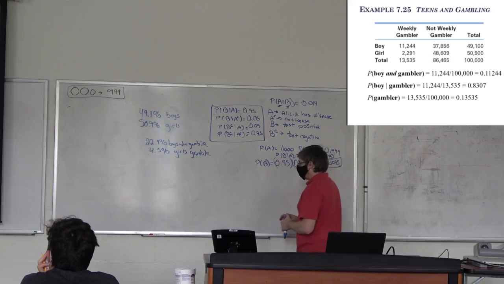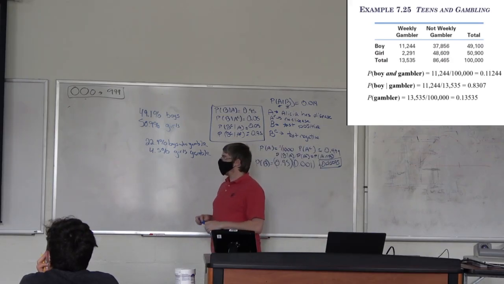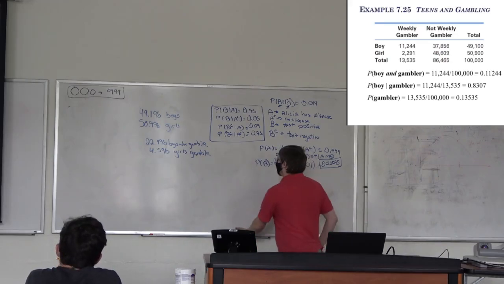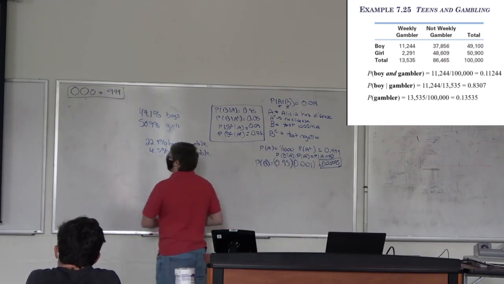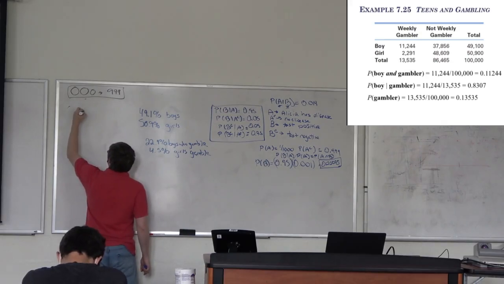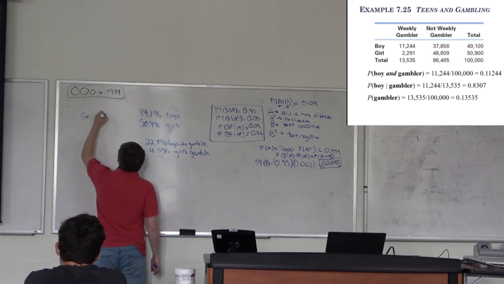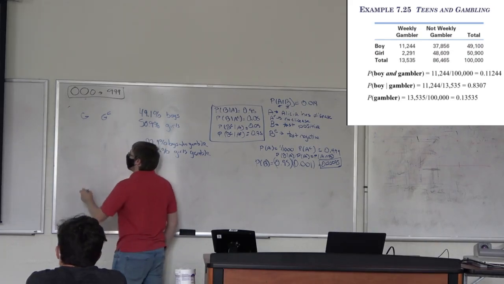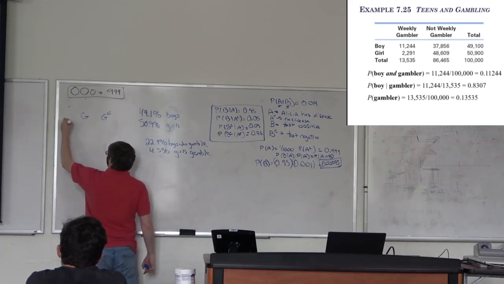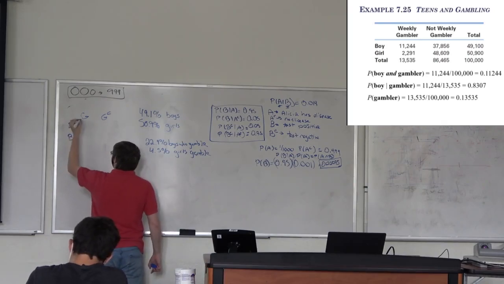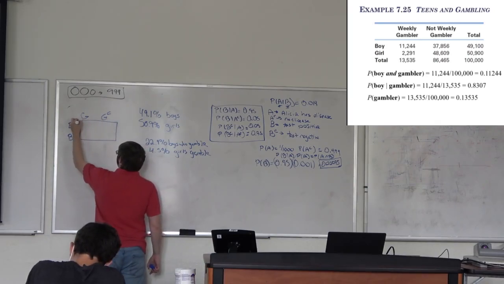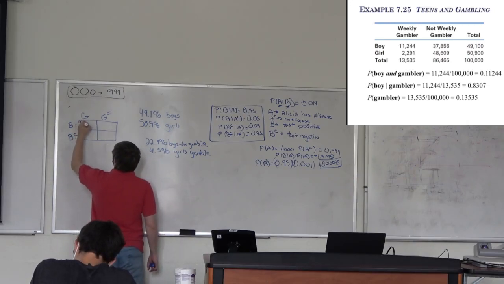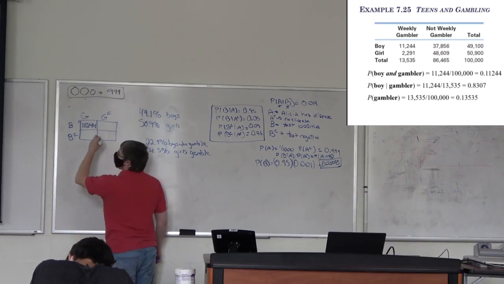And so once we get into a table like this, it's quite easy to calculate probabilities overall, because we can think about it like this. So I'm just going to say G and G complement, because we have gambler and not gambler. And then we have the event boy, and then not boy, which is girl in this case.